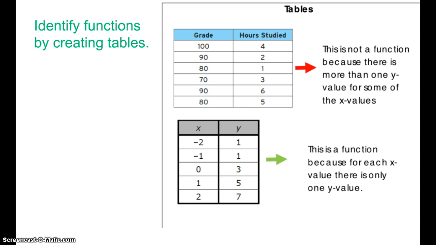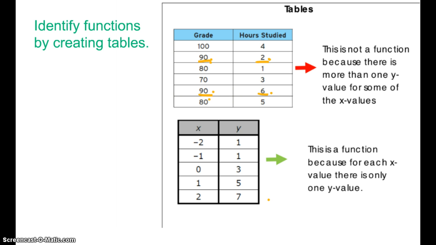You also need to be able to identify functions by creating tables. You can see that in this table, we have 2 grades of 90 that have 2 different values here. So if we were to graph this, for our hours studied we would have 2 and we would have 6, and both of those would have a value of 90, and we can't have that in a function.